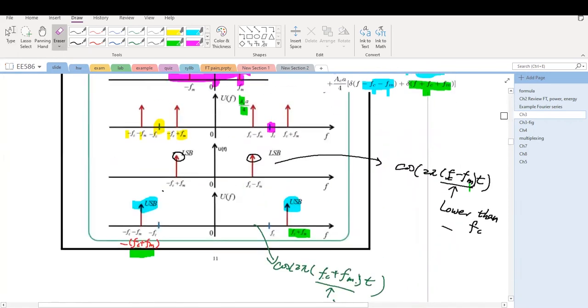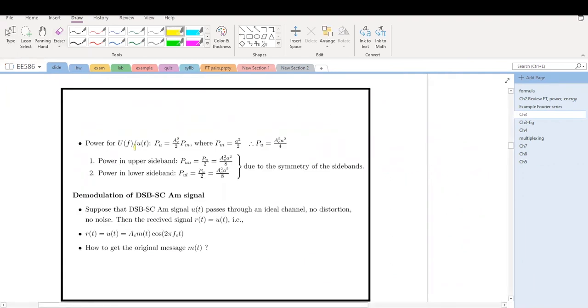Now let's find out the power. So the power in the modulated signal, sometimes we say the power for U(f), and sometimes we say the power for u(t), and both statements are valid. They are both okay, because U(f) and u(t) are referring to the same signal. And power is based on a signal. Any signal has a power.